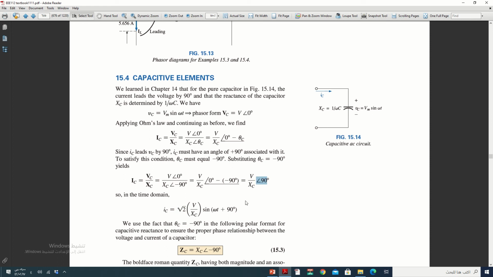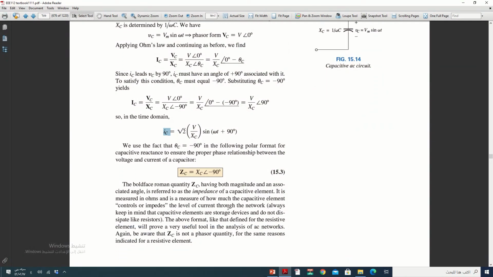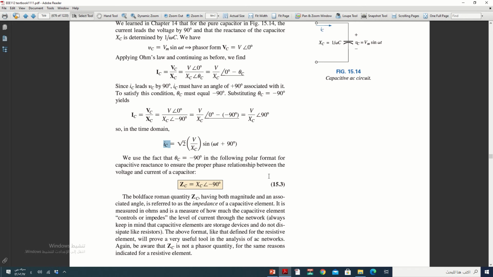Since it's 90 here, we write plus 90. See, the voltage starts from 0 and the current starts from minus 90. Since it's plus 90, this means minus 90. This means the current leads the voltage by 90 degrees in the capacitive element if it is a pure capacitor circuit.